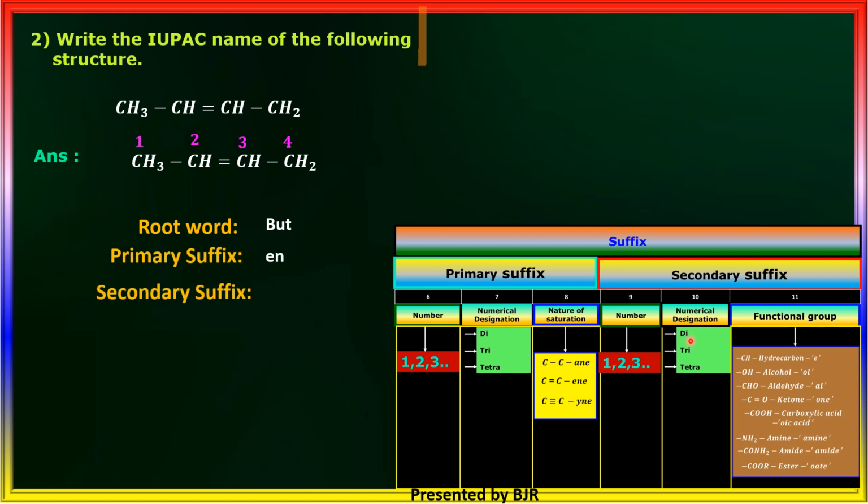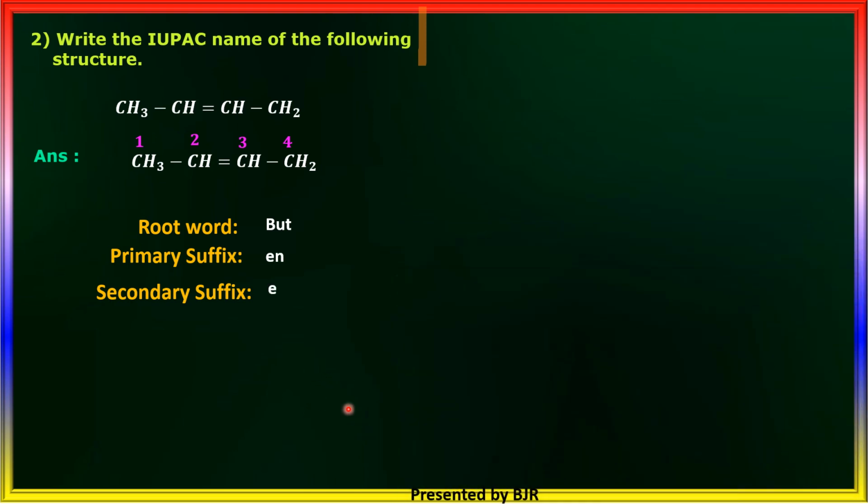Secondary suffix: this chain contains only hydrocarbons, so there is no functional group. For that reason, the secondary suffix is e. So the IUPAC name of this structure is, on the second carbon we have the double bond, so but-2-ene.